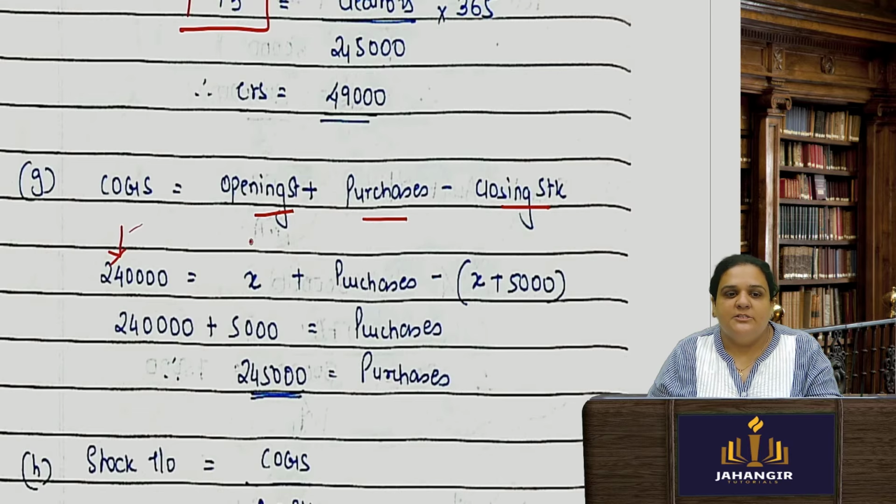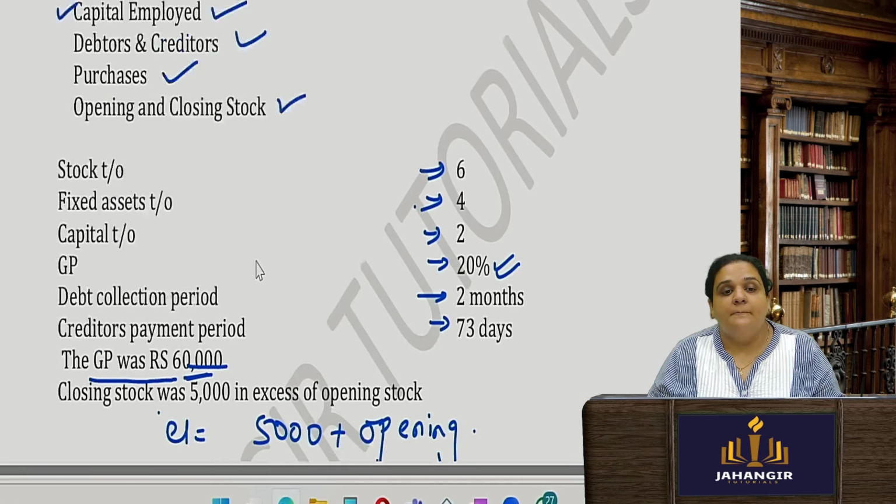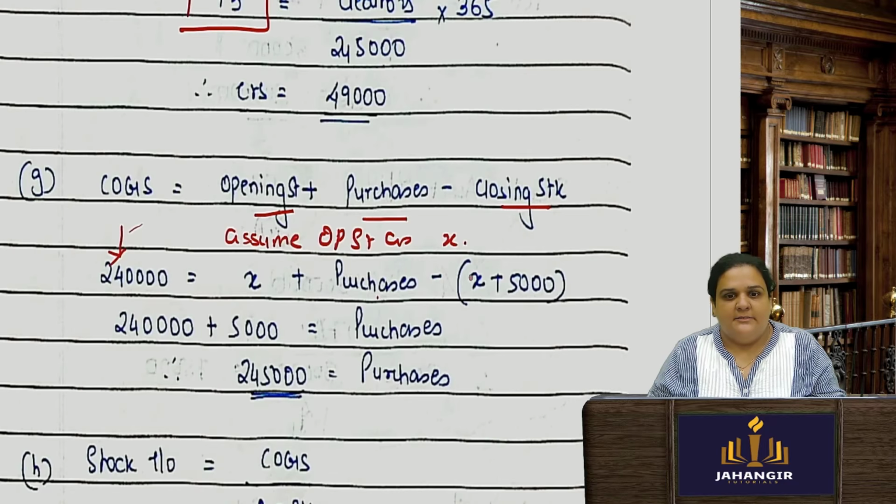Opening stock, assume it to be X. Purchases also I don't know. Closing stock will be what? It is 5,000 plus of the opening. Excess means 5,000 plus X, no? So opening stock plus 5,000 will be my closing stock.